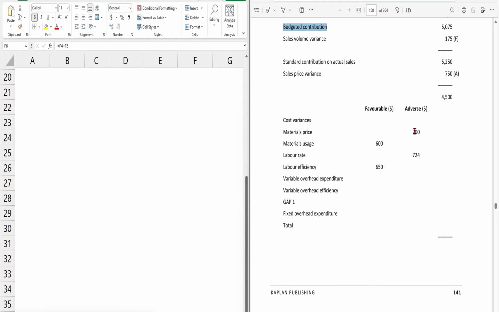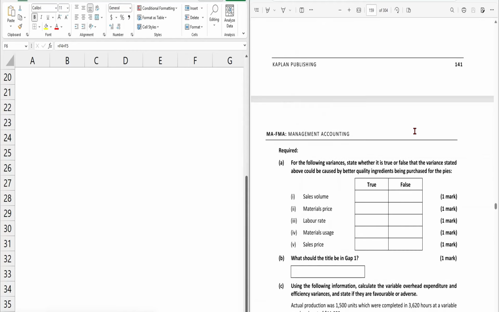If you are buying better quality material, that might cost you more as compared to the budget. So again, true, because we have bought the better quality ingredient. That's why the material price variance is adverse.